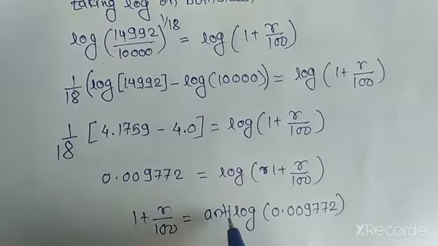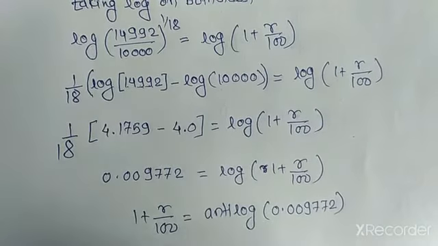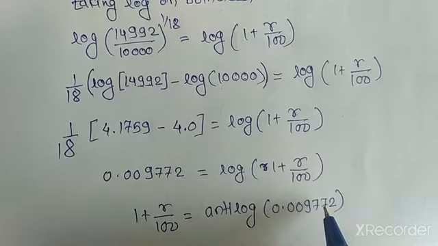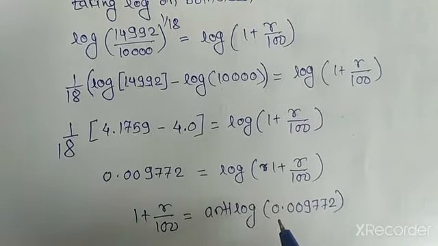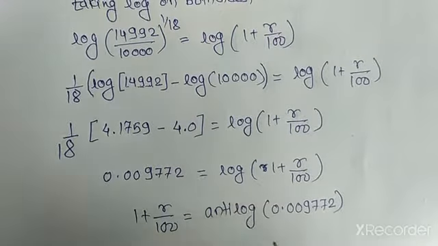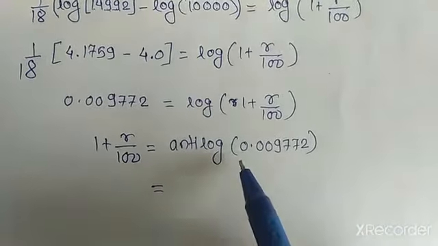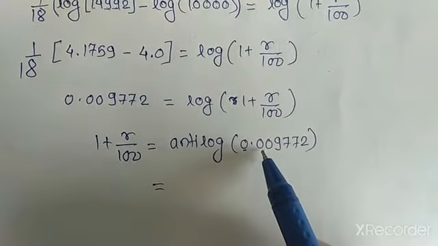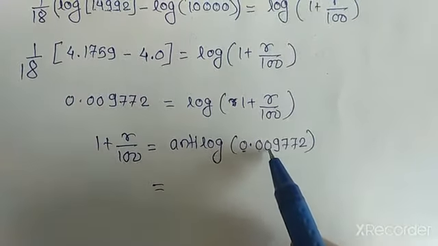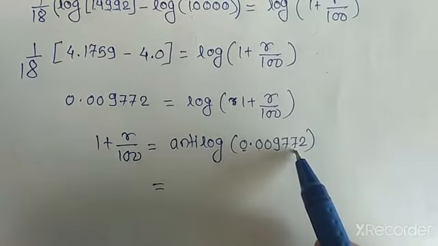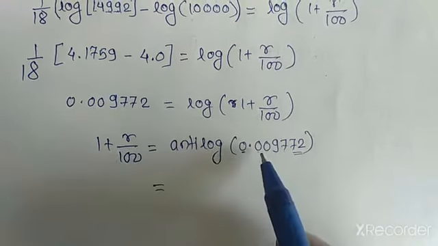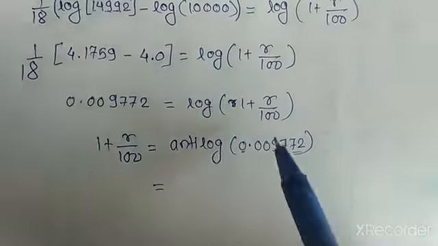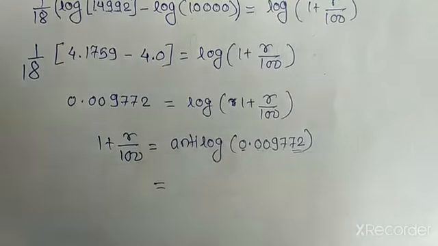Okay, so here the antilog of this value is, now here characteristic is 0 and we have to check 0.0097. Okay, we don't require the last terms, so we have to check in 0.0097.